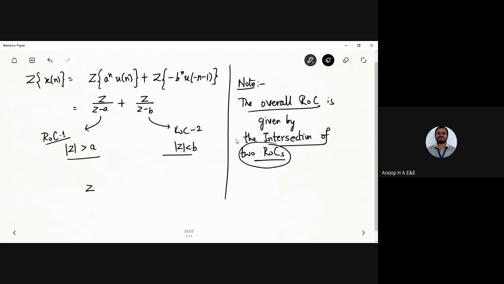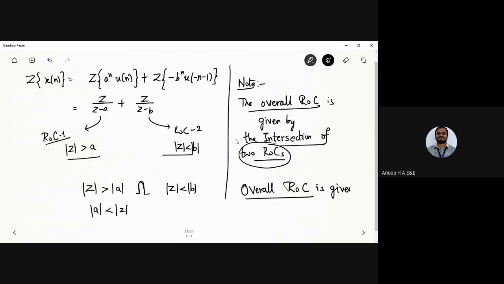Now for these two ROCs, mod Z greater than mod a, intersecting with mod Z less than mod b. If I rearrange this, I can have mod a less than mod Z. So the overall region of convergence is given by mod a less than mod Z less than mod b.